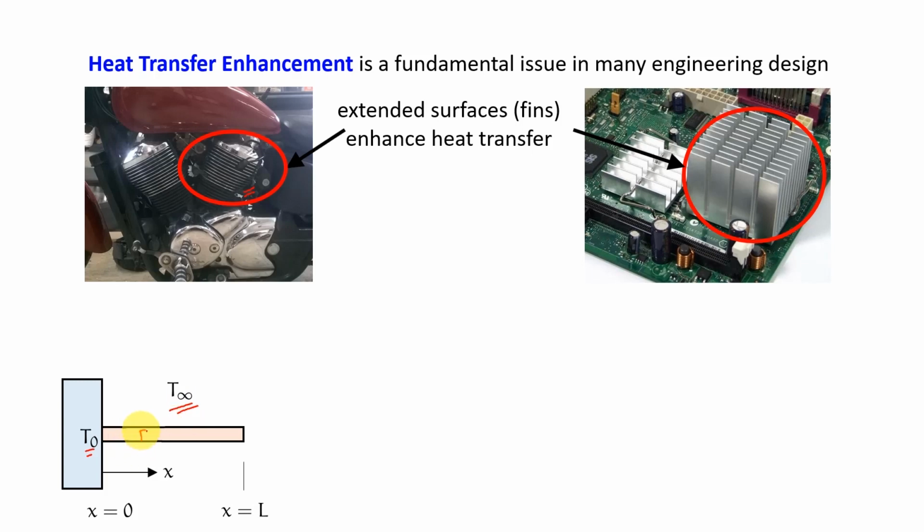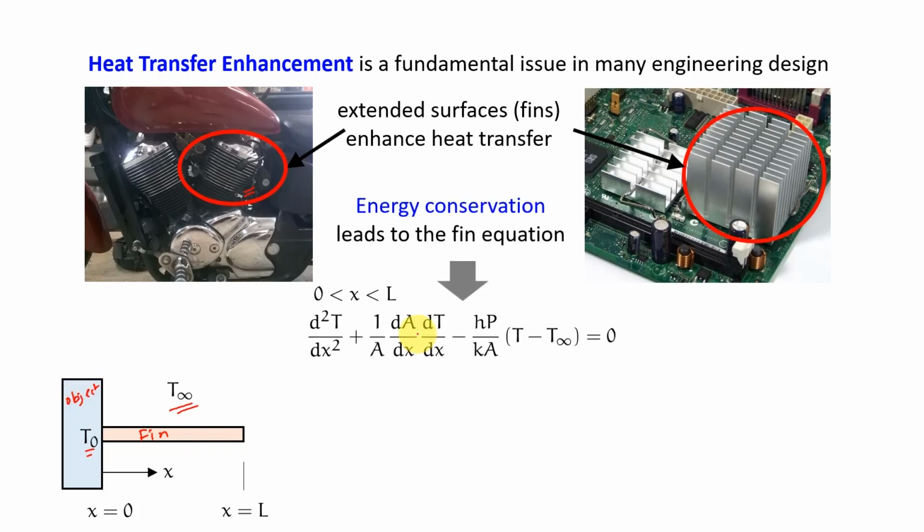So the fin here is used to keep the temperature within limit of an object that we see here. The governing equation of this fin can be developed using energy conservation over an infinitesimal area here.